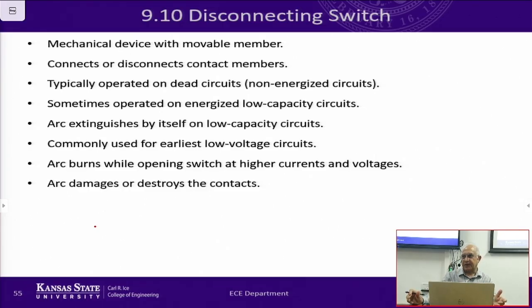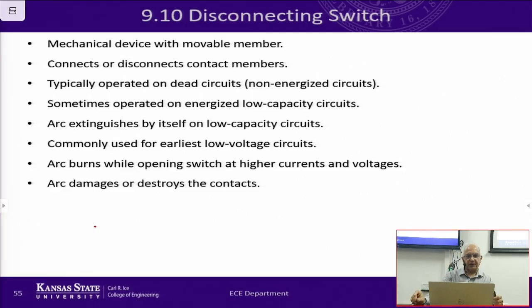A disconnecting switch is a mechanical device. For the previous devices that we talked about, you switch either electrically or by some other mechanism that operates them. But this disconnect switch is pretty much like a handle. You open the switch.